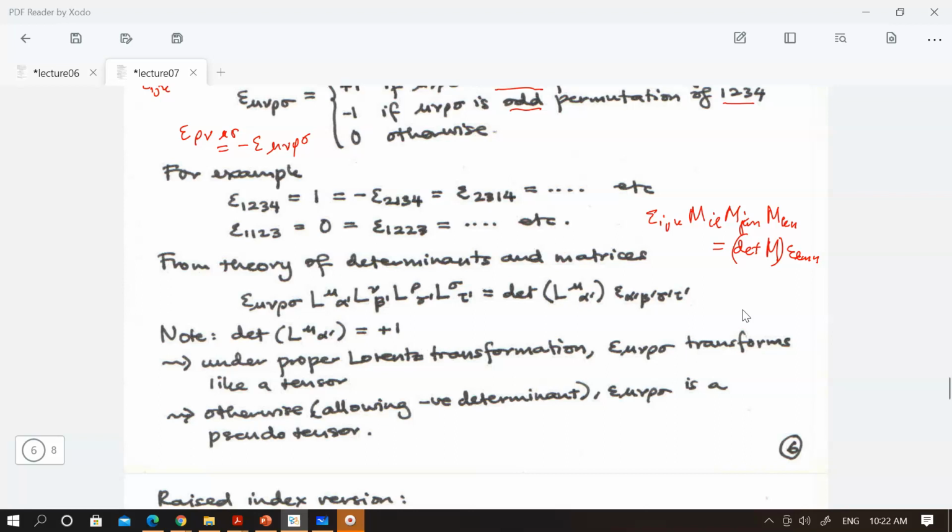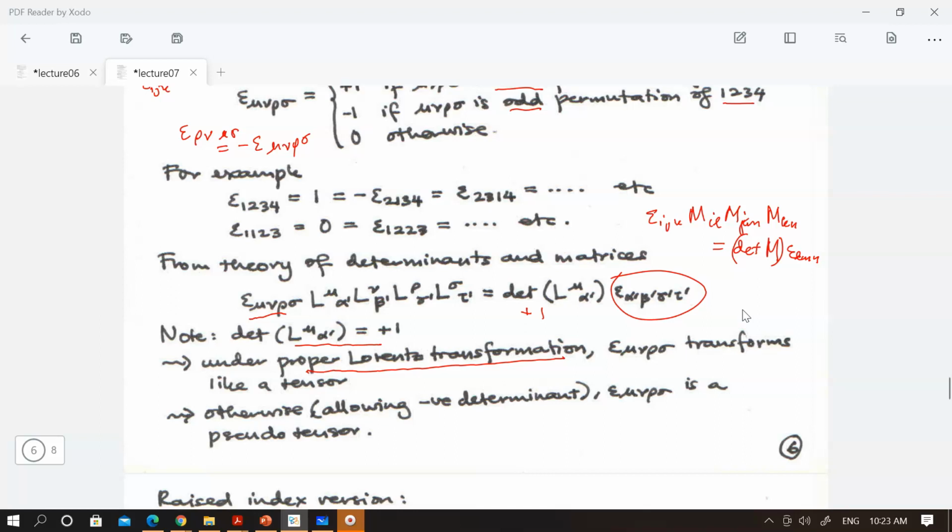One could see, for the case of a proper Lorentz transformation, which has determinant of L equal to plus 1, that this thing will behave as if it's a covariant tensor of rank 4, because you have these four Lorentz transformation matrices.